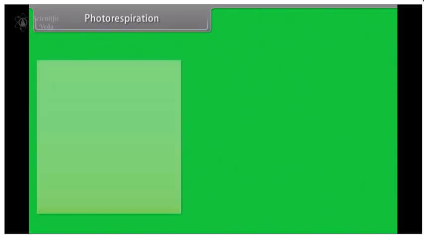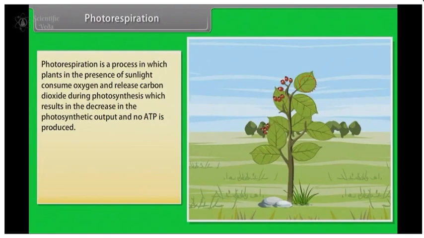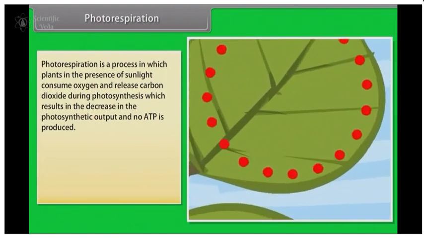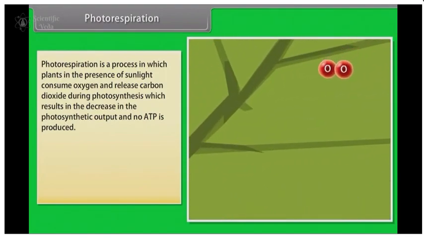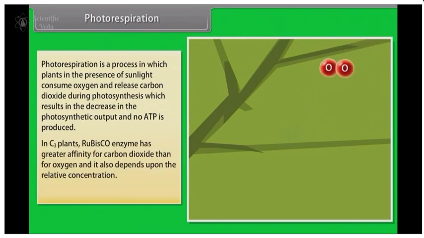Photorespiration. Photorespiration is a process in which plants in the presence of sunlight consume oxygen and release carbon dioxide during photosynthesis, which results in the decrease of photosynthetic output and no ATP is produced. In C3 plants, the Rubisco enzyme has greater affinity for carbon dioxide than for oxygen, and it also depends upon the relative concentration.